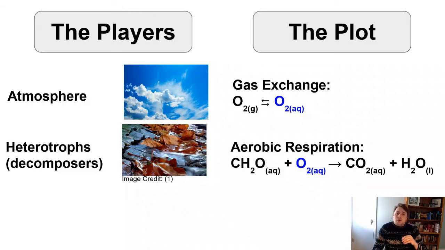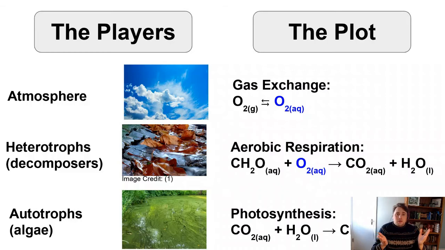By contrast, you have autotrophs, like algae, things that fix carbon, your photosynthesizers, who perform photosynthesis. They take carbon dioxide and water, and they combine those into carbohydrate, or structural sugars, and oxygen. So this is an oxygen-producing reaction.